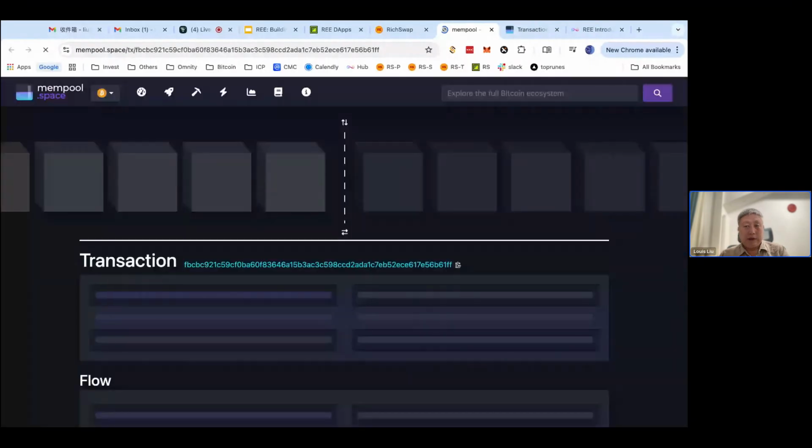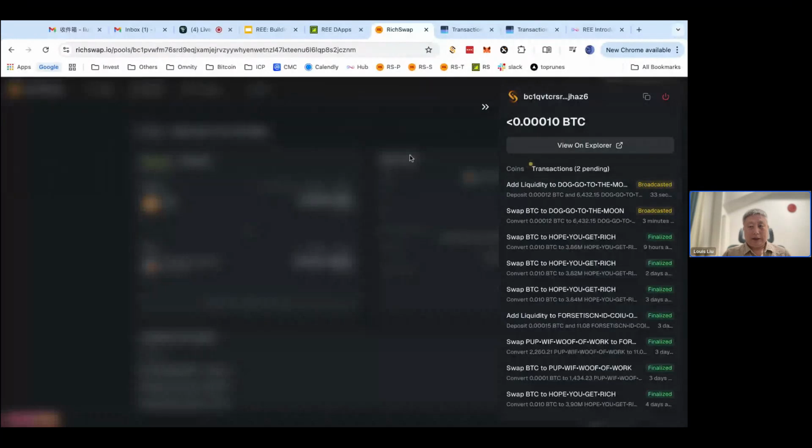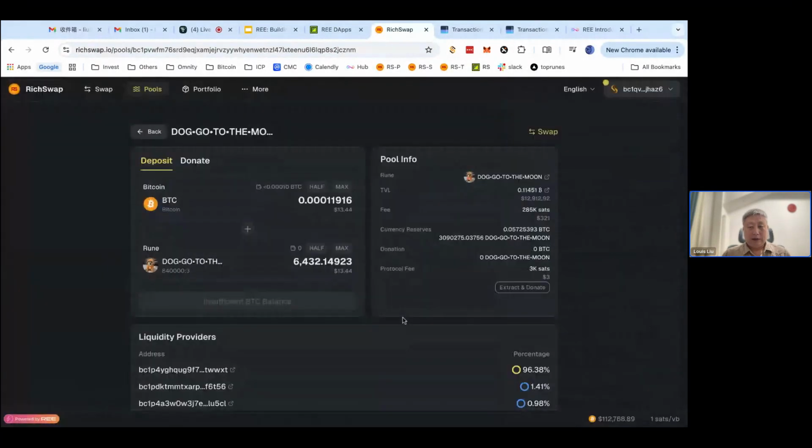So even though these transactions haven't been included in a Bitcoin block, for the user the trading has finished. I have done what I need to do, and maybe after 10 minutes or 20 minutes or half an hour, these two transactions will be included in a Bitcoin block, and the ownership will settle there.